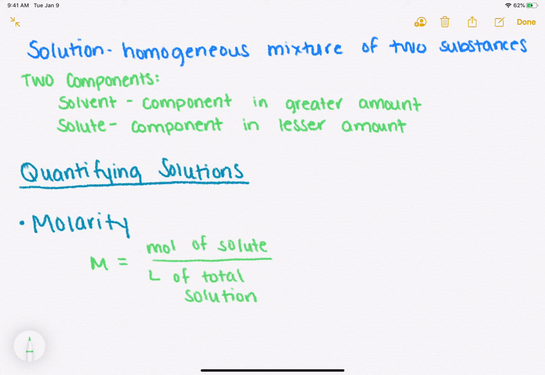And in order to get those liters of total solution, if it's not given to you, that would be the liters of solute plus the liters of the solvent. And again, that will give you your total solution volume. Sometimes it'll just be given to you in the problem. Other times you might have to solve it yourself.